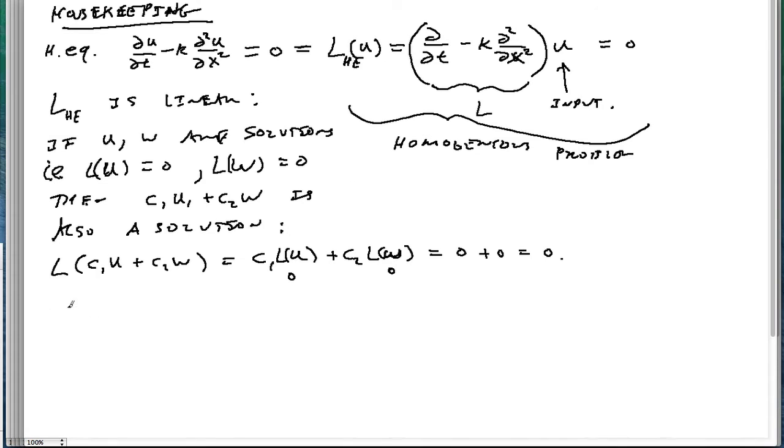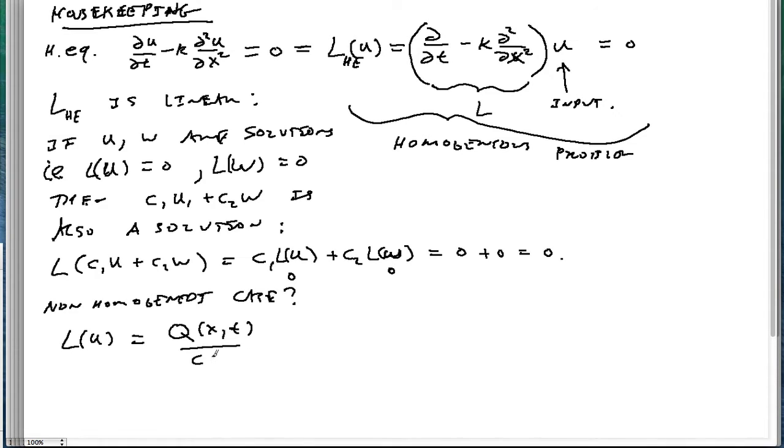Now, what about the non-homogeneous case? Well, then we have something like this. L of U is equal to, and the way it's written in the book is Q of x comma t over our specific heat times our mass density.